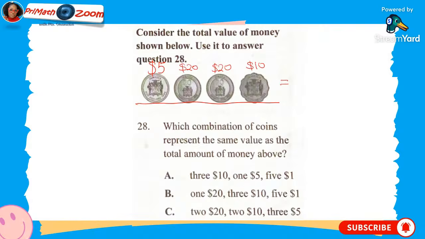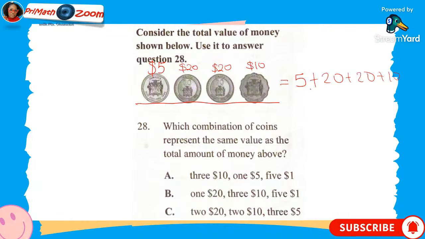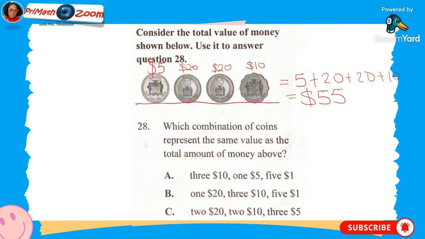So we have $5. So it's basically $5 plus $20 plus $20 plus $10. And that is equal to $55. Now we need to look at the question. Which combination down here represent the same value?